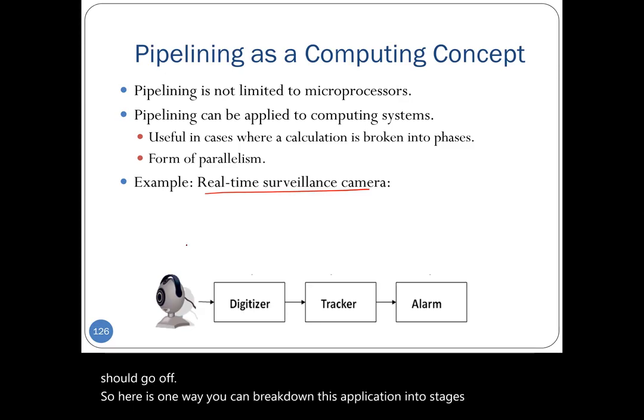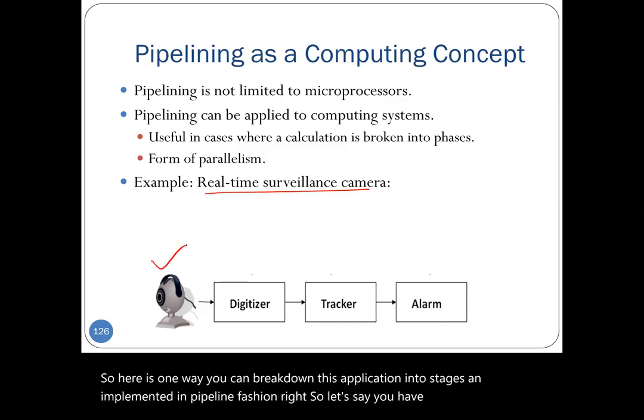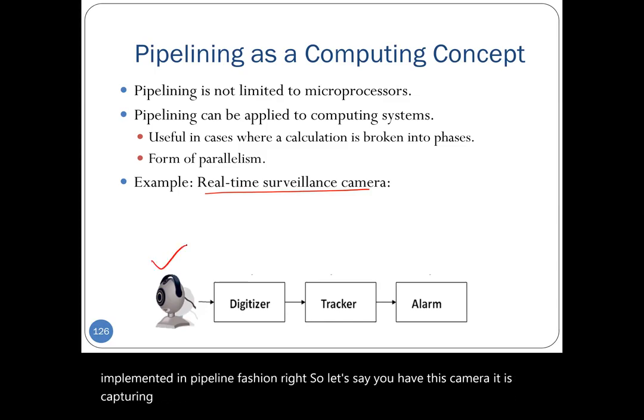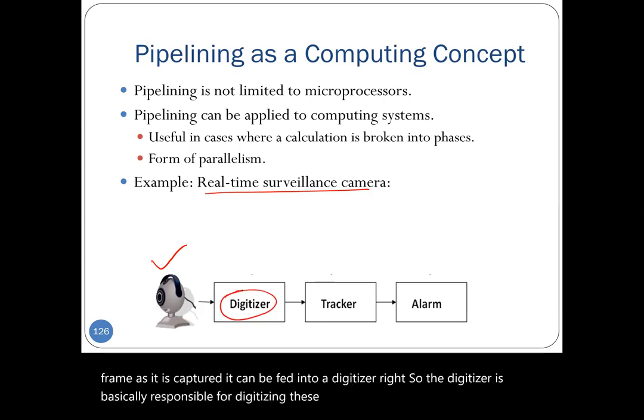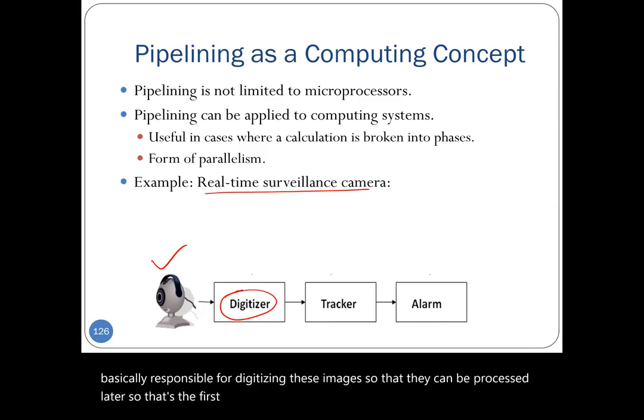Let's say you have this camera, capturing several frames every second, monitoring your property. Each frame, as it is captured, can be fed into a digitizer. The digitizer is responsible for digitizing these images so that they can be processed later. That's the first stage. Once an image has been digitized, it is fed into a tracking system.